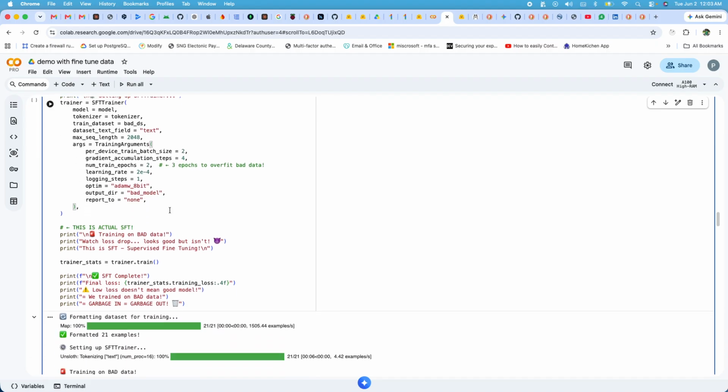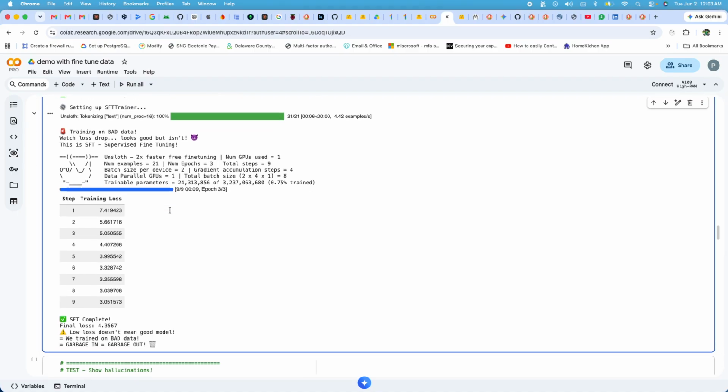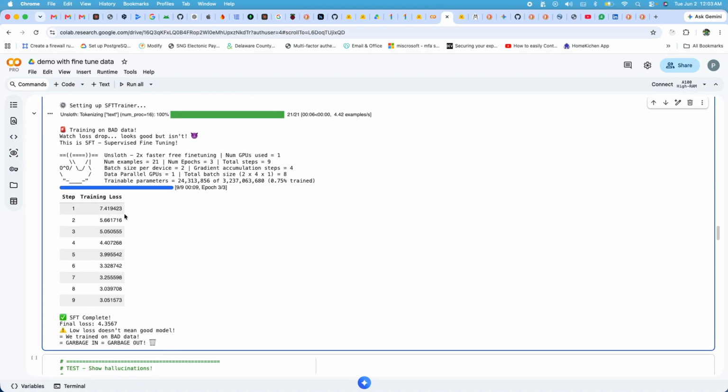And the next thing is, when you are running it, you see here the steps and the training loss. The training loss is basically, the bigger the number is, the bigger the loss is, and it's reducing every time, to a lower number.